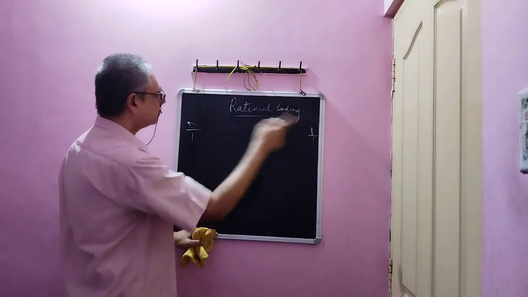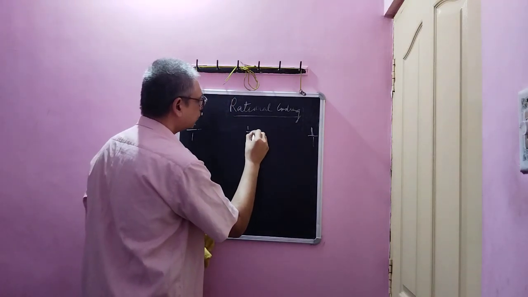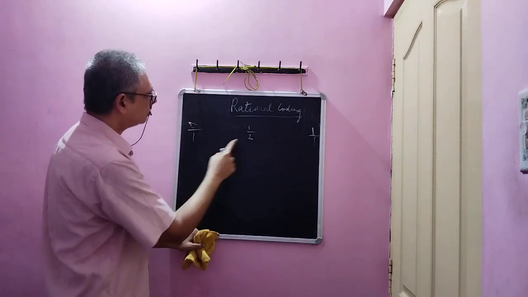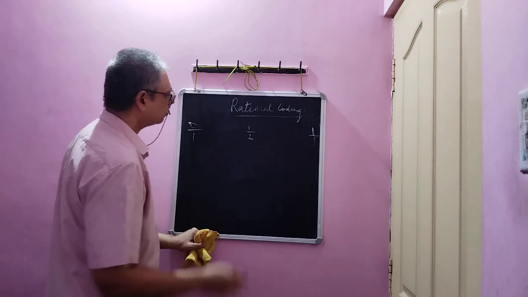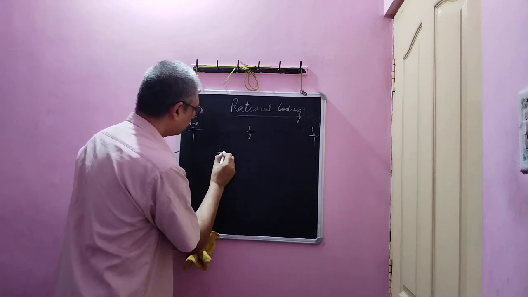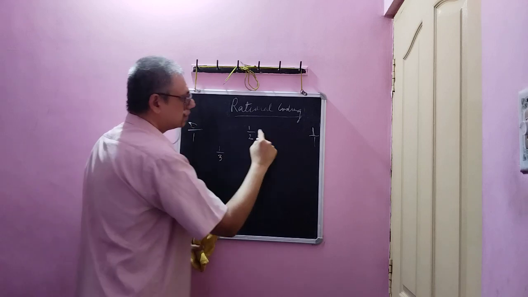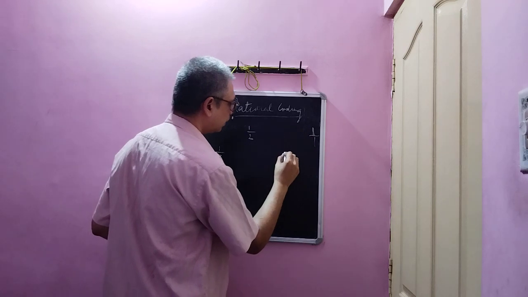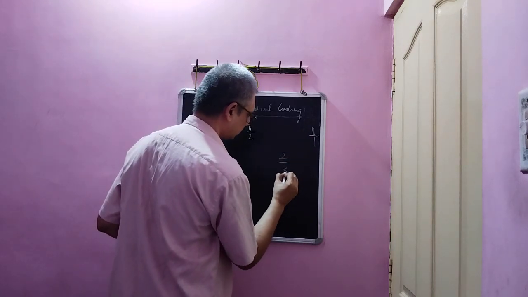Now add the two: 0 plus 1 by 1 plus 1 will be 1 by 2. Now its predecessor is this and its successor is this. So here we go, 0 plus 1 by 2 plus 1 is 1 by 3. Its successor, 1 plus 1 by 2 plus 1 will be 2 by 3.